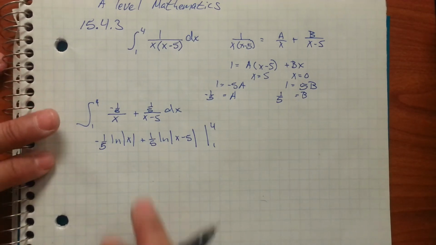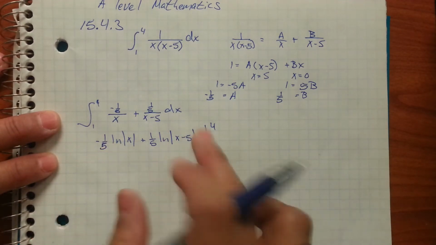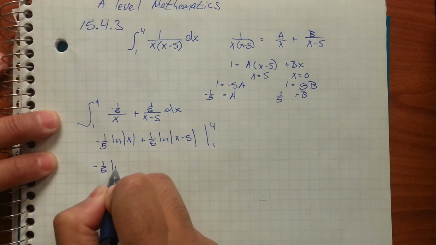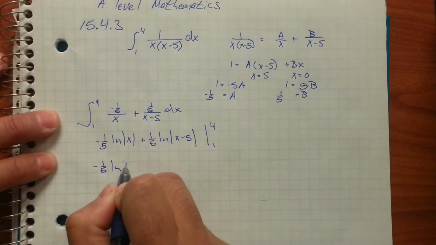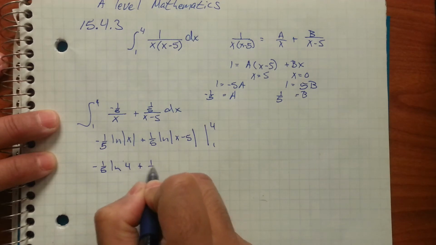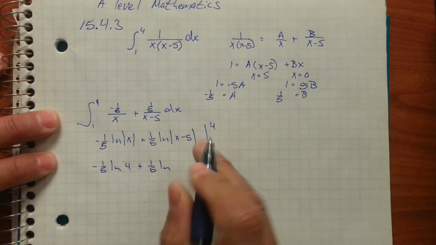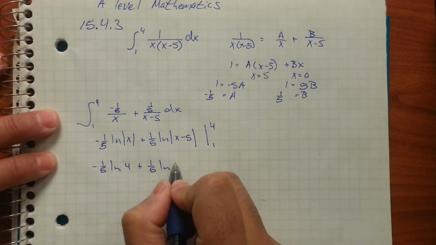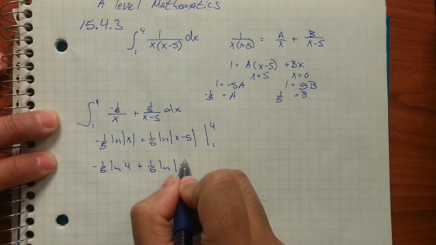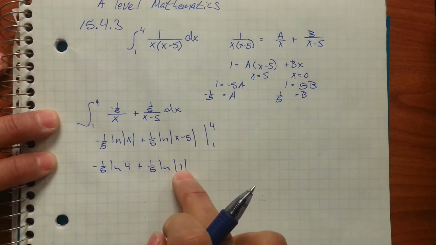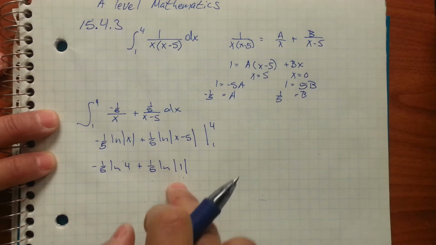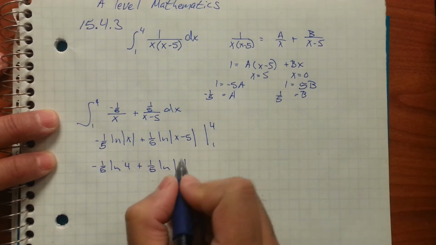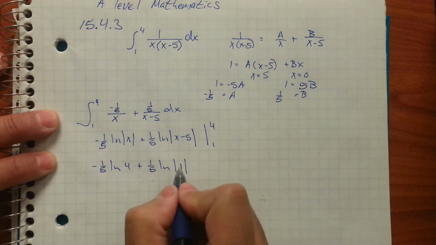So let's go through and do this. Right here, let's plug in. It's going to be negative 1/5 ln of 4, plus 1/5 ln of, now 4 minus 5, that's negative 1, so that's why I had the ln of the absolute value of negative 1, which becomes a positive 1.